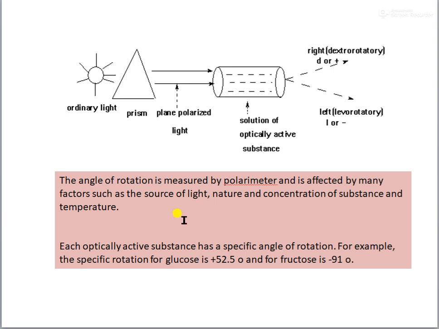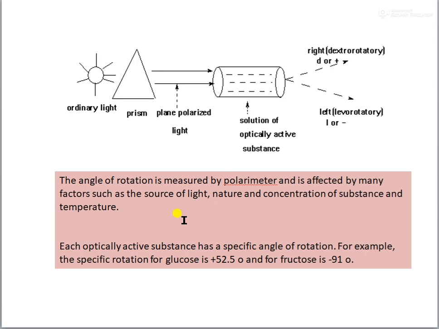And every carbohydrate or every molecule has a specific angle of rotation. They do not all move it at the same angle. If you consider glucose, it changes the plane polarized light by about plus 52.5 degrees.